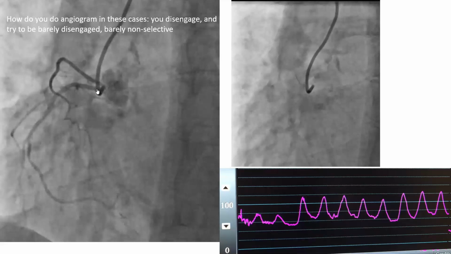So we counterclocked the catheter and we progressively disengaged it with a counterclock maneuver, and we went from damped to ventricularized here. This is ventricularized because the pressure between the peaks is horizontal, it's flat.